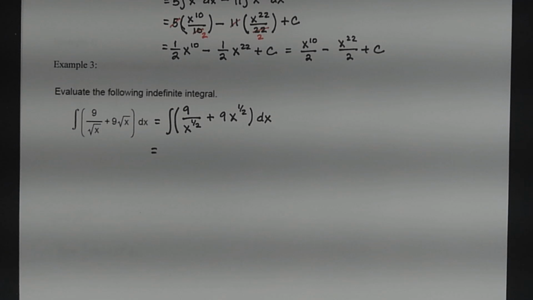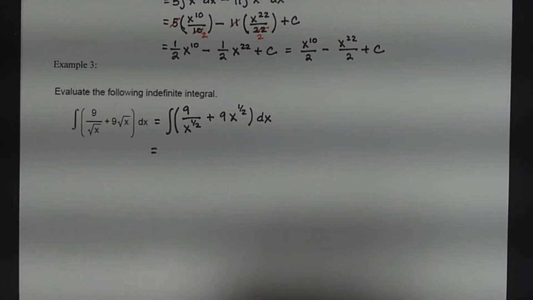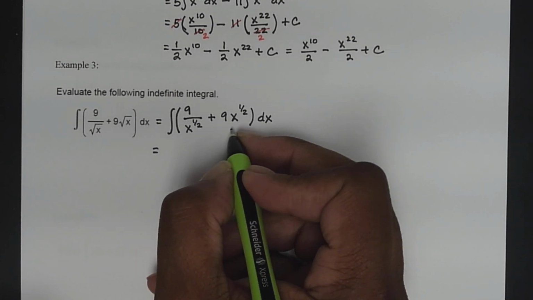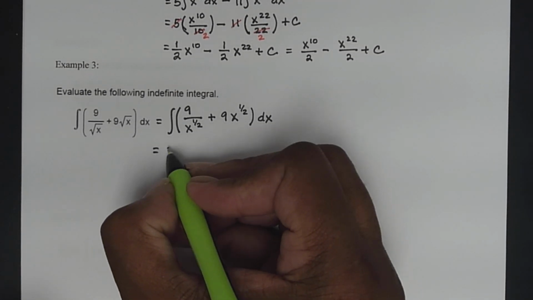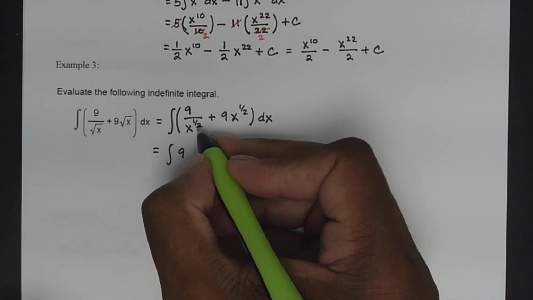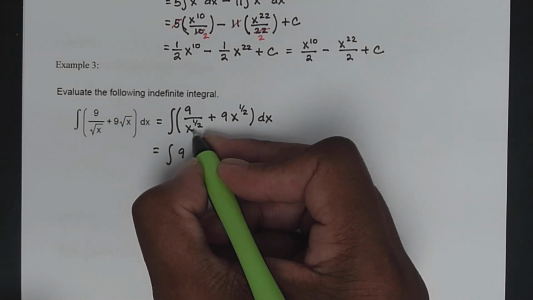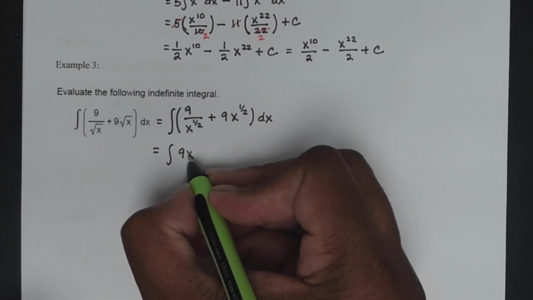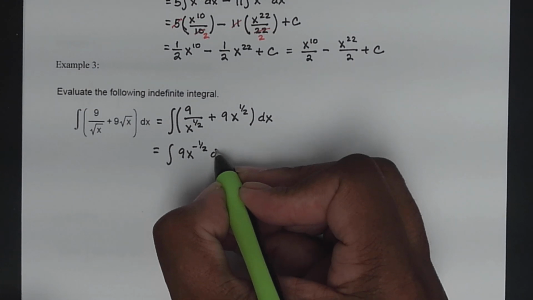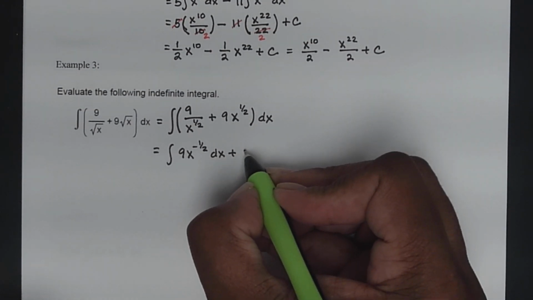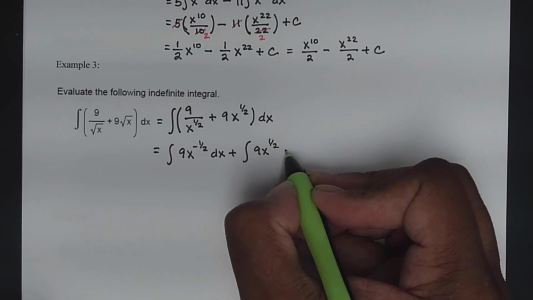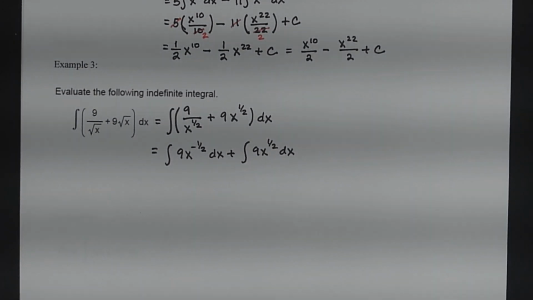Now I'm going to use that sum rule for integrals. So I have this integral of the sum. That will be the sum of their individual integrals. So here I'm going to have the integral of, let's see, 9. But if I pull that x to the 1/2 out of the denominator, this will be x to the negative 1/2 dx plus the integral of 9 x to the positive 1/2 dx.